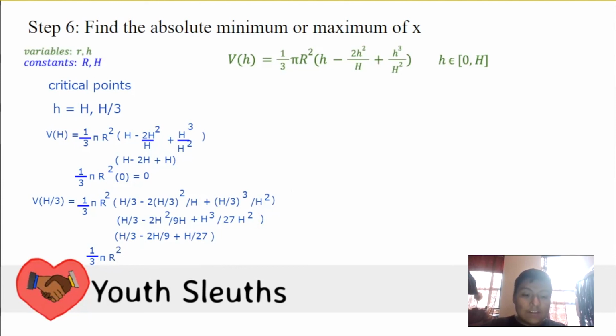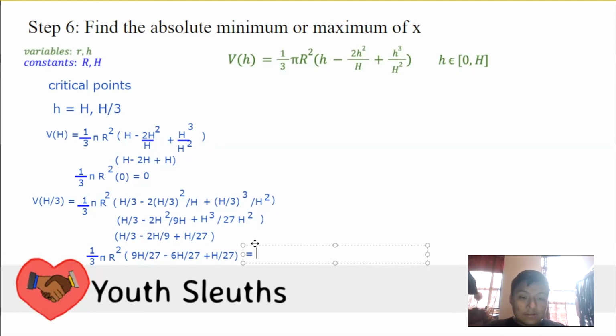And then in the parentheses, it's 9 big H over 27 minus 6 big H over 27 plus H over 27. Inside the parentheses, 9 minus 6, that would be 3, and then plus the H, that would be 4. So it'd be 4H over 27 being multiplied by the constants we left outside.